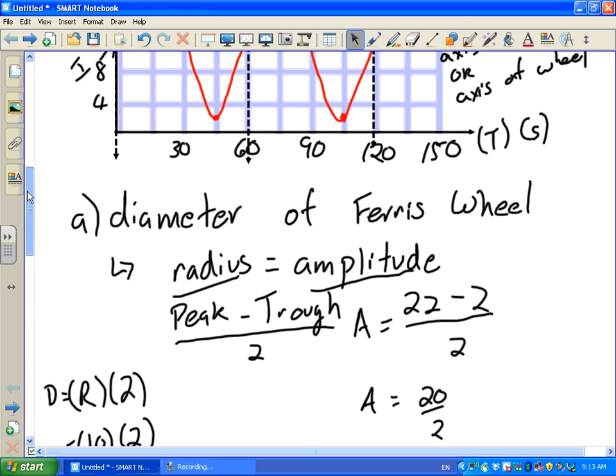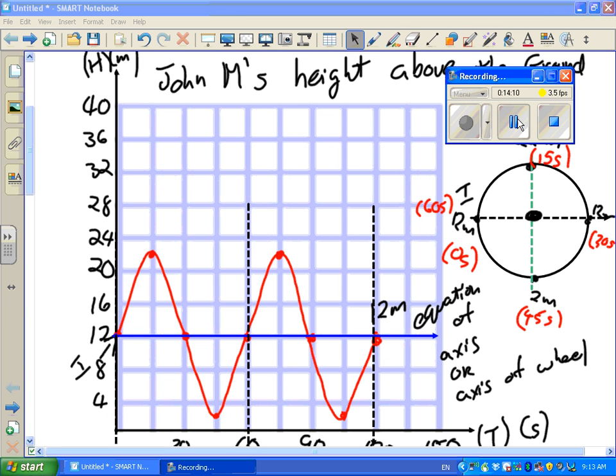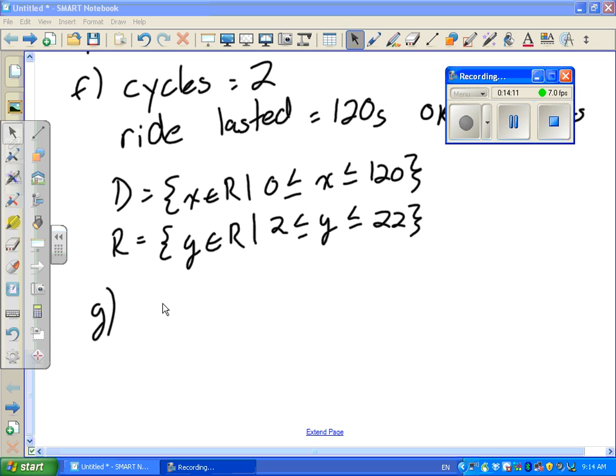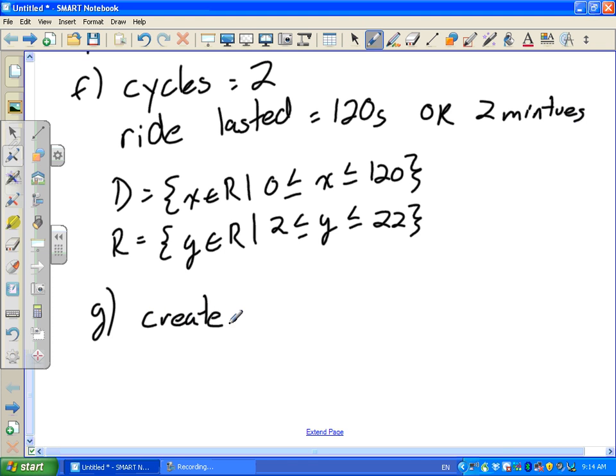Finally, let's see what we're doing for time here. Question G, create a sine function for this graph.